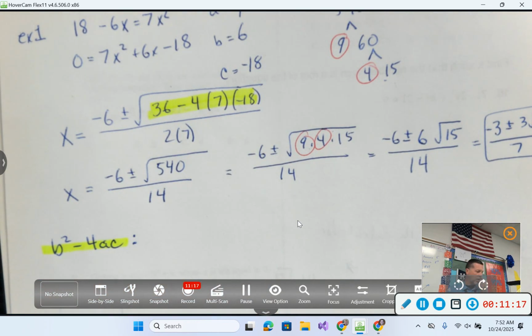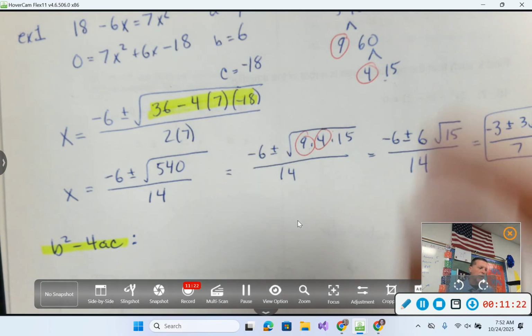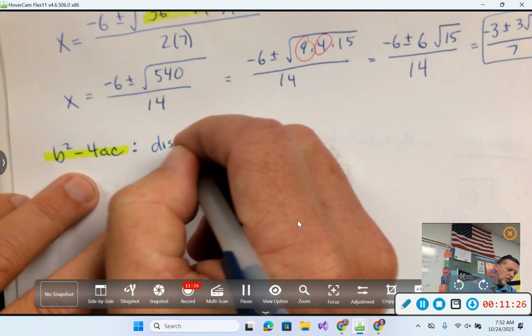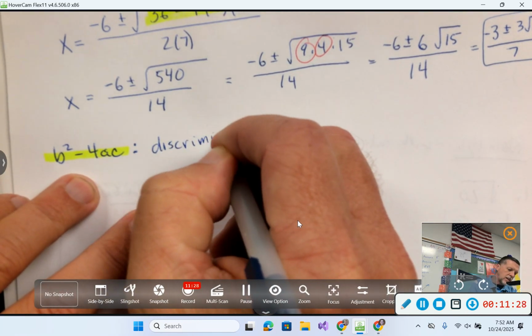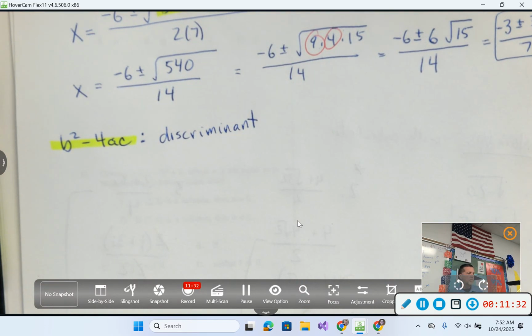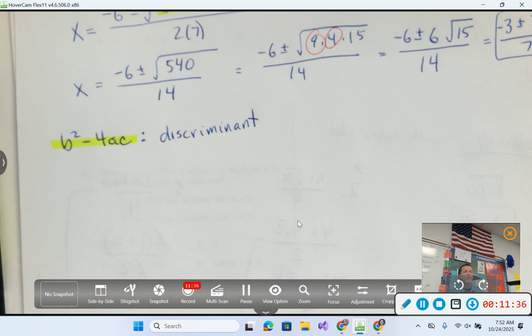B squared minus 4ac. Not the square root part, just the underneath part. B squared minus 4ac is called the discriminant.